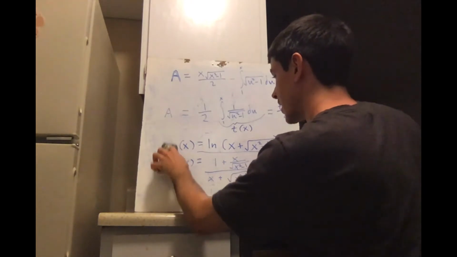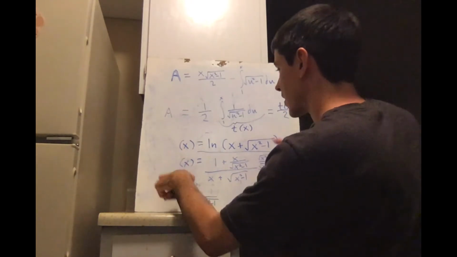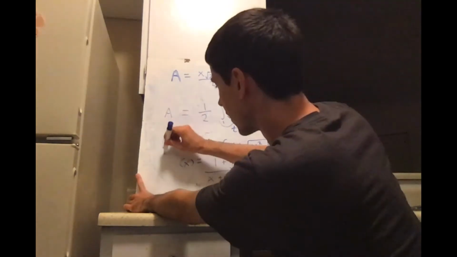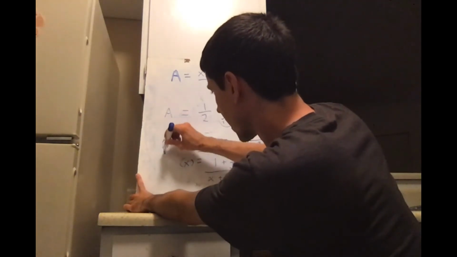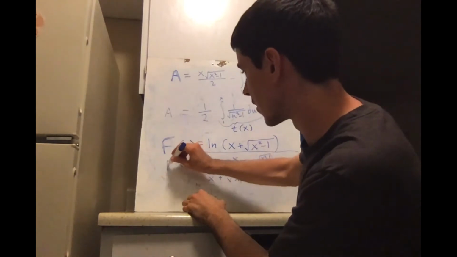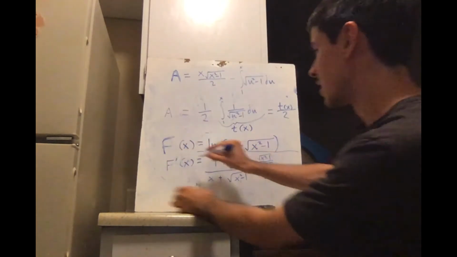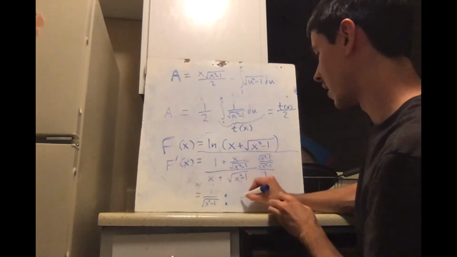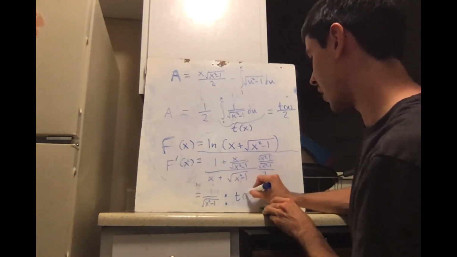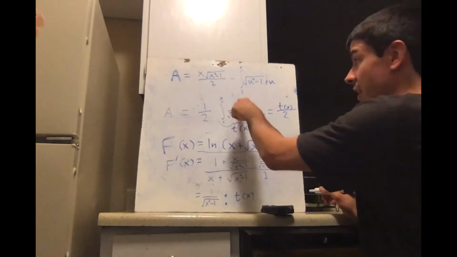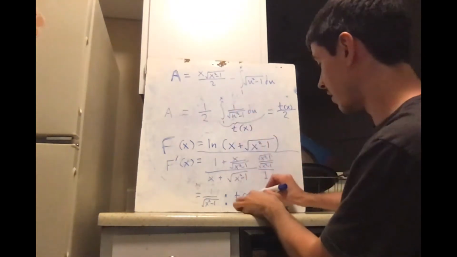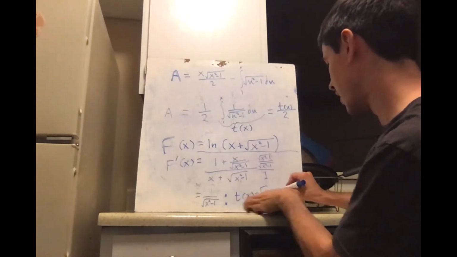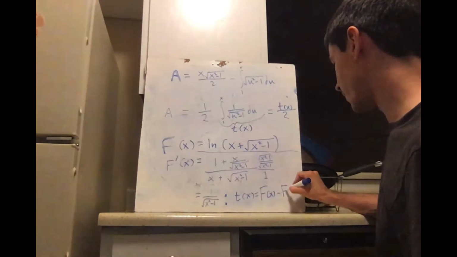Because if we call this, so say for a second we quit asserting that this is what t is, we call it capital F of x, so this is the derivative of capital F of x. So what we've actually shown here is that, because F is an antiderivative of the integrand, t of x equals capital F of x minus capital F of 1.